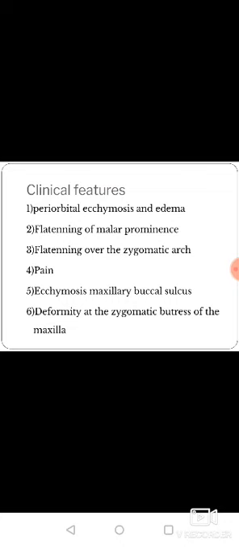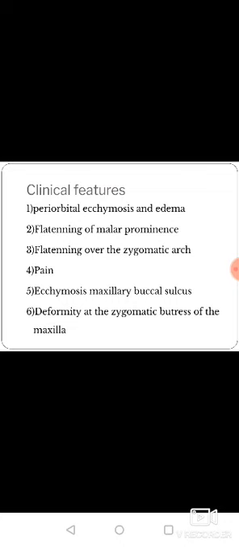Trismus is a very common finding associated with zygomatic arch fractures. Why is there trismus? Because there is an impact on the zygomatic arch which causes depression of the zygomatic arch. Just below your zygomatic arch lies your mandible, that is, the coronoid process of the mandible.